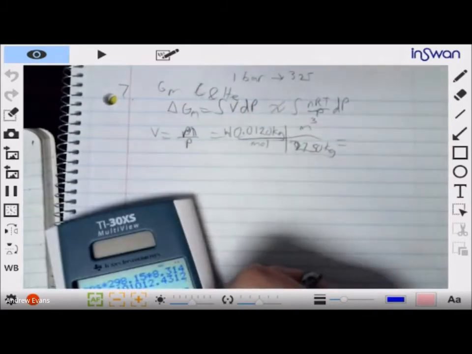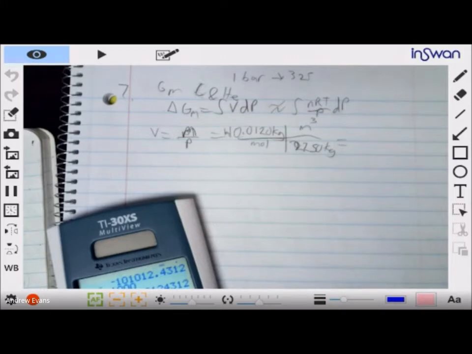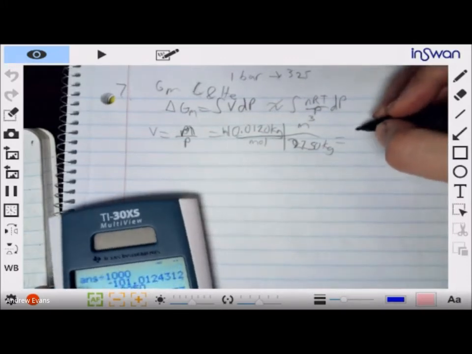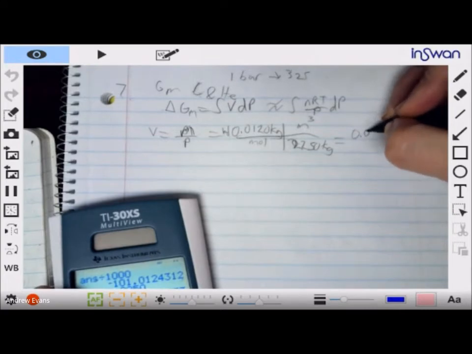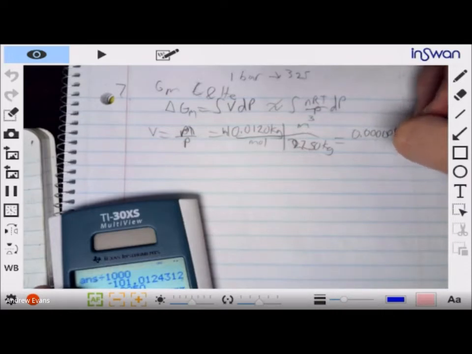So our density being 0.0120 divided by 250 would say our volume is something like 0.00023 meters cubed.